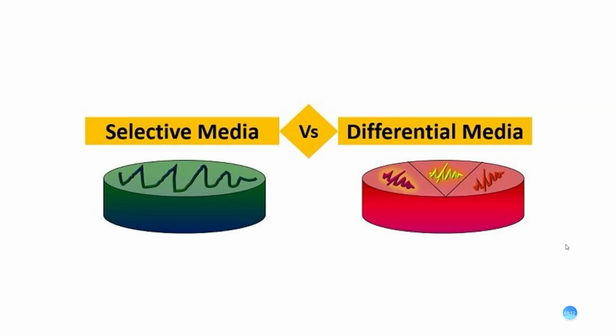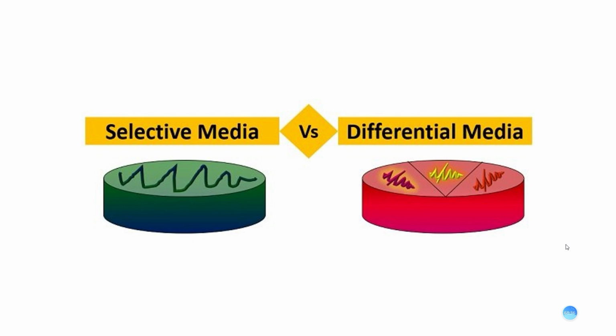So this picture shows us the difference of selective media and differential media. Selective media means that it selects certain types of bacteria to grow, stand out on the surface. While differential medium means that different bacteria would show different appearance when they grow.